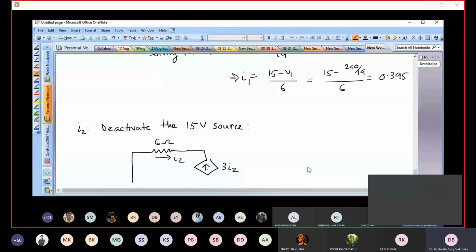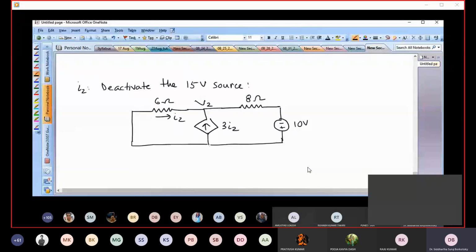We have 3I2. We're calling this node V2 now because these are different circuits actually. You are removing some parts, so that's why we are calling it a different name. So 10 volts. Okay, so this is our node 2.